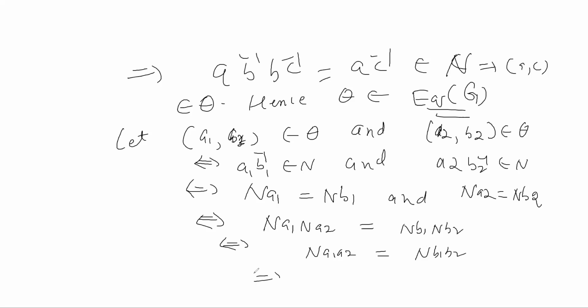Or you can say that (a1 a2)(b1 b2) whole inverse belongs to N. Or in other words, (a1 a2, b1 b2) belongs to theta. So theta is a congruence.